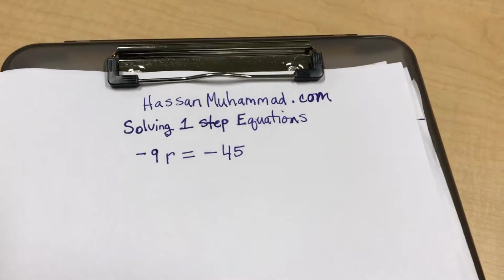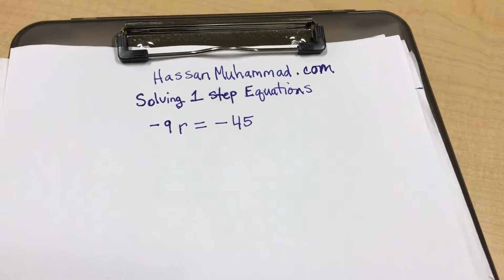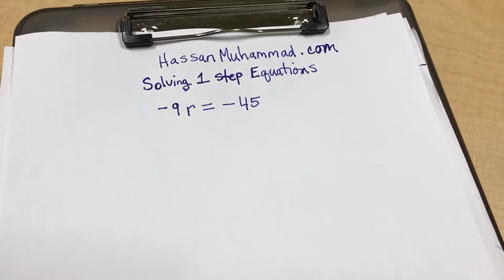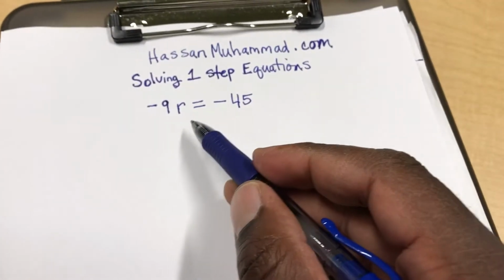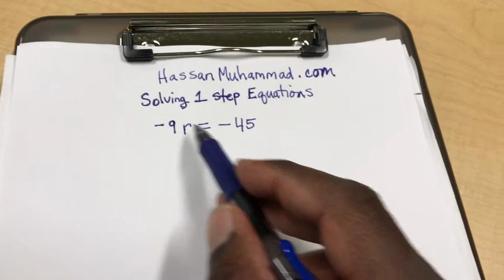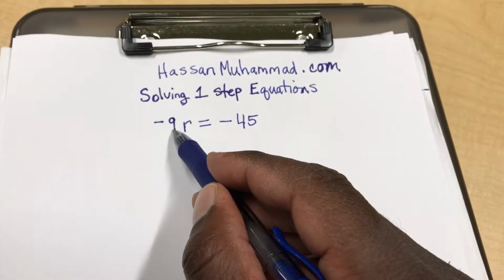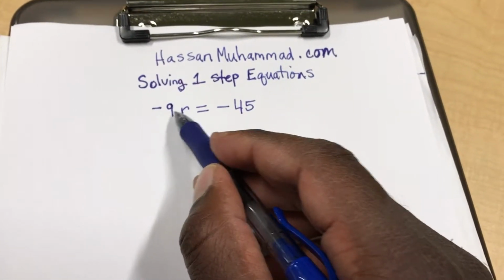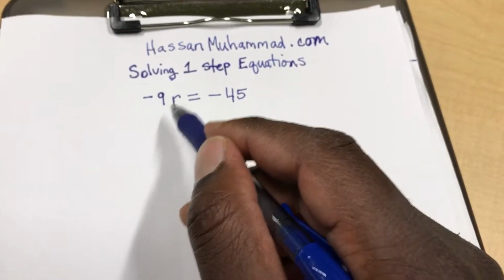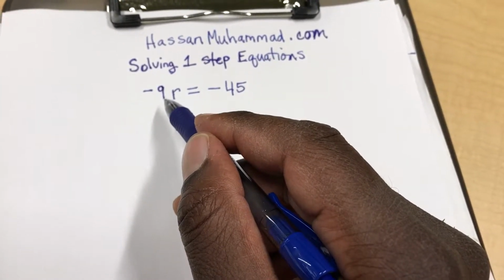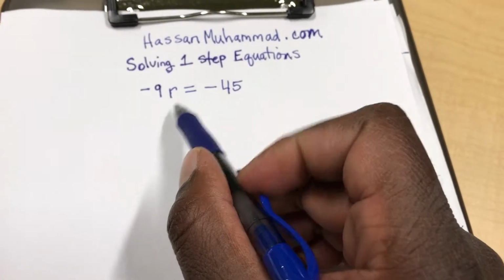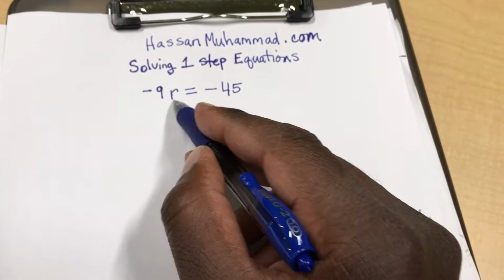Solving one-step equations. We have negative 9r, negative 9 times r equals negative 45. The operation going on between the negative 9 and the r has no symbol. In algebra, when you don't see a symbol, you know the operation is multiplication.